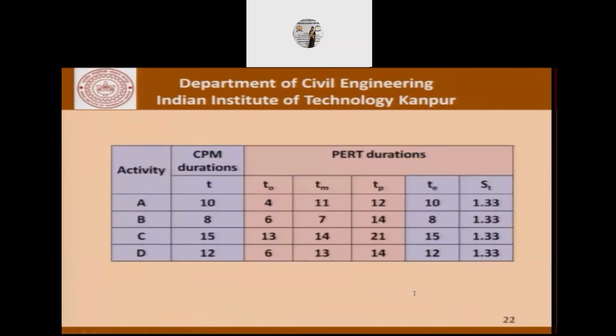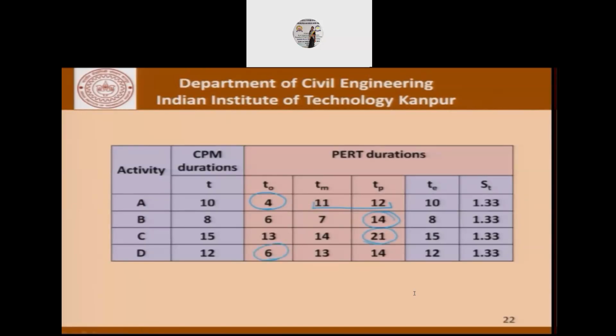So if we examine this table closely, we find that for activity A, this T0 is a little bit of an outlier. These two times are fairly close to each other, but T0 is the optimistic time. In the case of B, this number here, that is the pessimistic time, is the outlier, and for activity C again, this is the outlier and this is the outlier here.